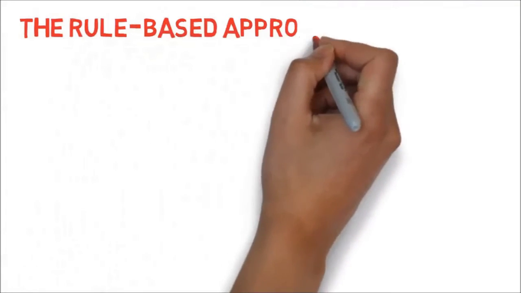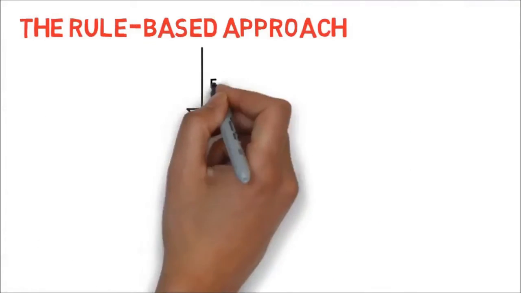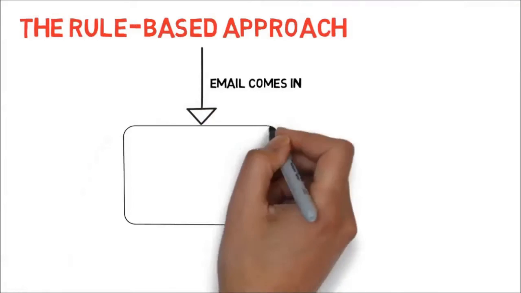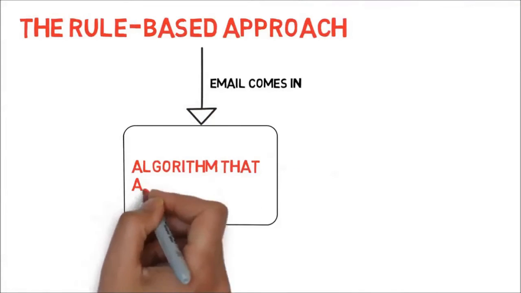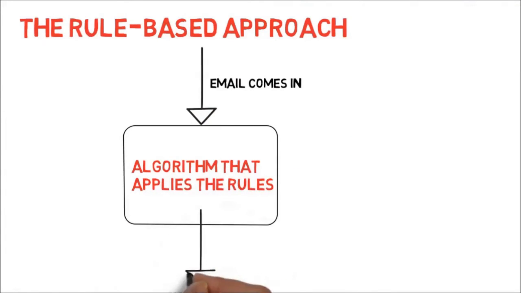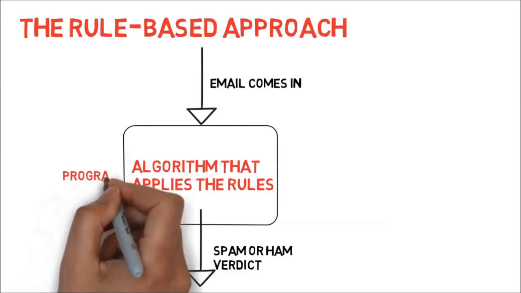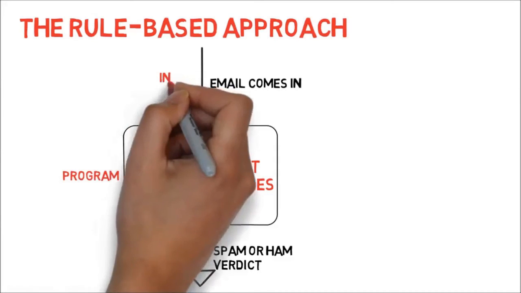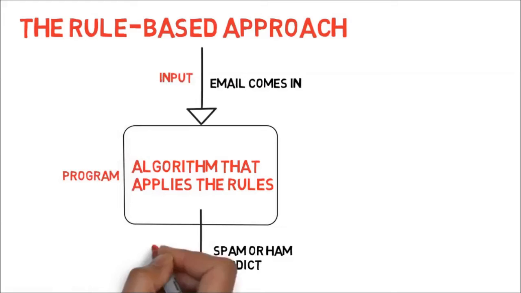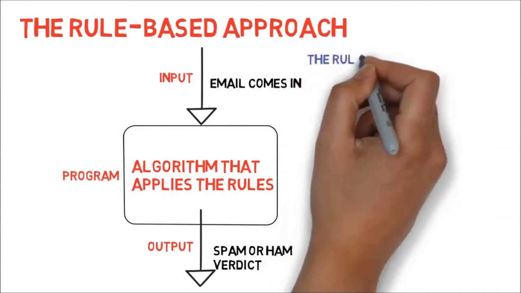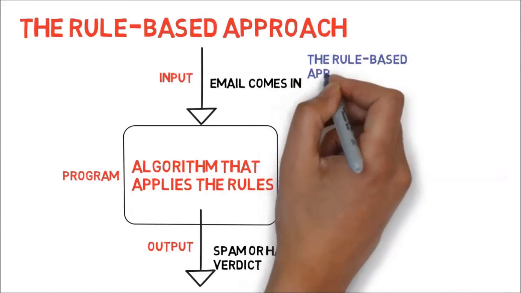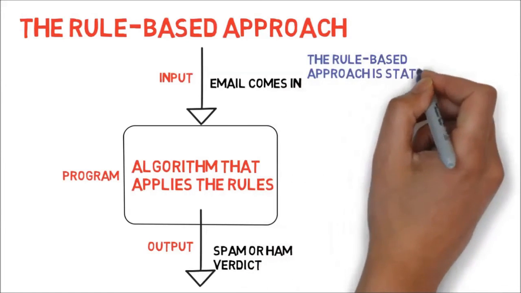Under the rule-based approach, we had an email which comes into an inbox. This email is passed through an algorithm which applies the rules that we had defined. And then an output, a verdict, is given for spam or ham. The algorithm is the program, the email that comes in is the input, and the verdict is the output. Because the algorithms are based on a set of rules, this rule-based approach is static.